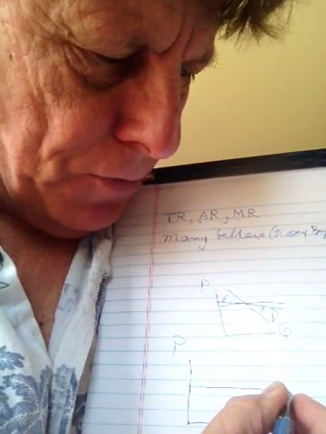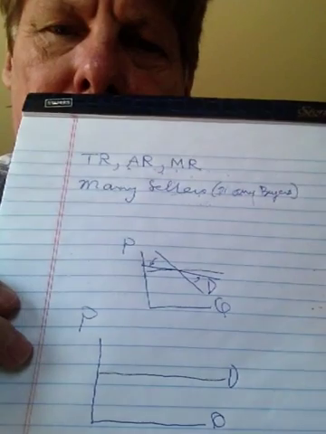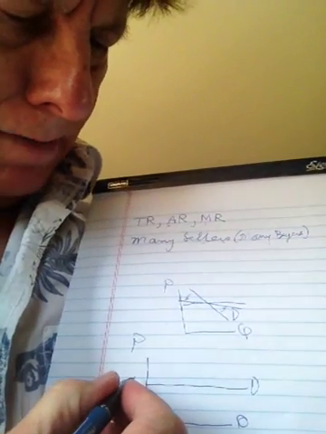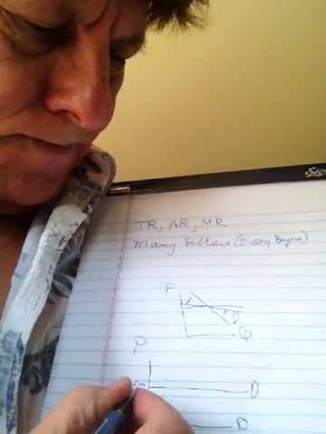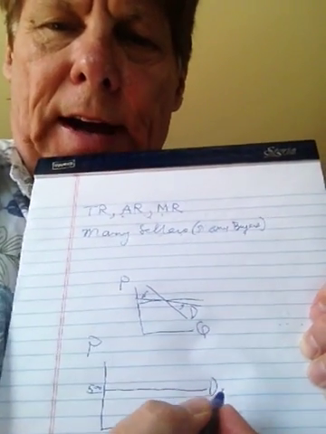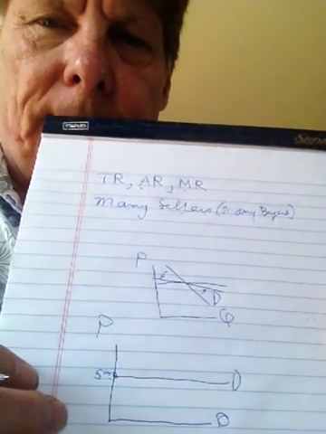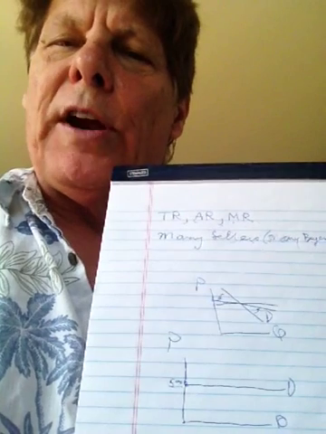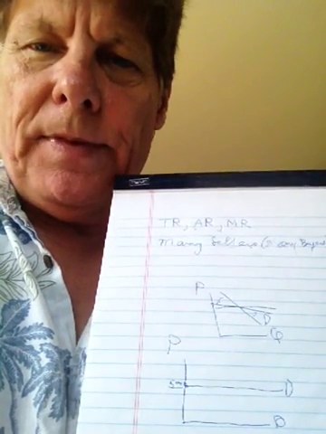That is so flat that it is perfectly elastic. That's supposed to be a horizontal demand curve. Here's the price of the product, maybe $5 a piece, and the demand curve shoots off horizontally from that point on the price axis. So, the demand curve for a purely or perfectly competitive firm is horizontal.